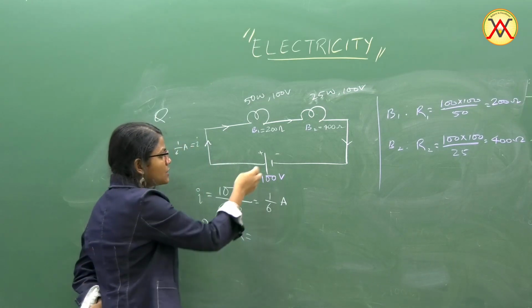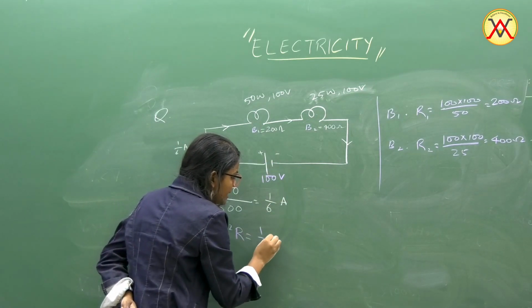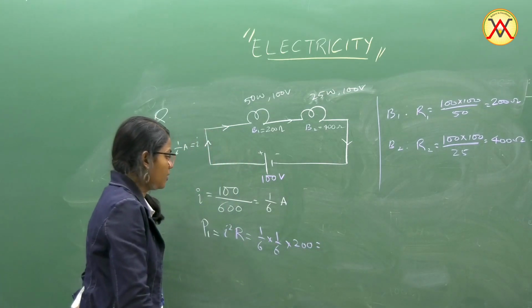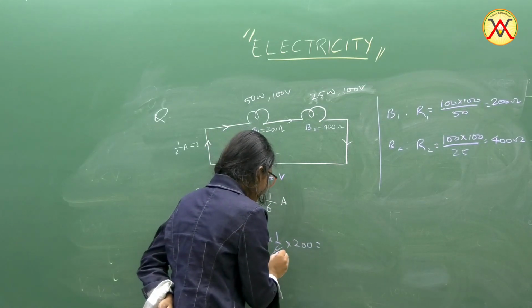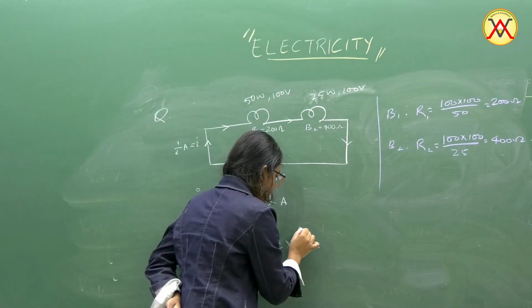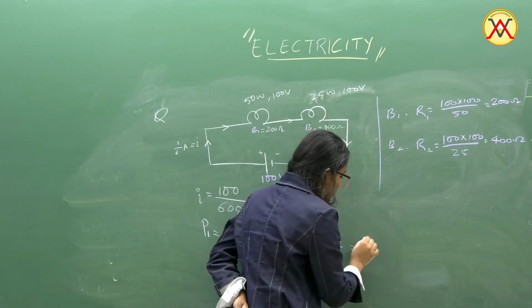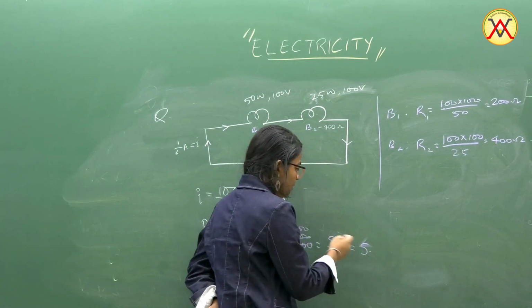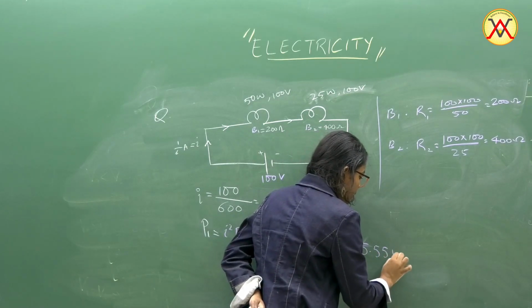If P1 is I square R, then let's just solve it. 1 by 6 into 1 by 6 into 200, which is 50 divided by 9, almost equal to 5.55 watt.